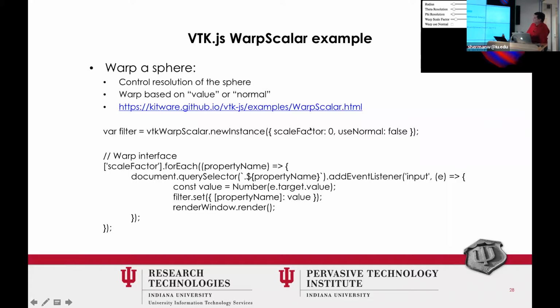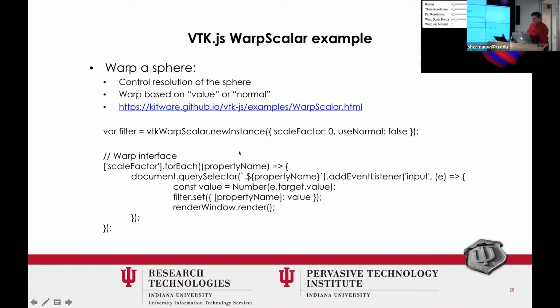Here's where they're using the arguments to the instance to set some parameters right away. And here's the user interface part, which I'm not generally talking about, but just to see that you can set some of the values with the user interface, and then every time you do that, you go ahead and re-render the scene.